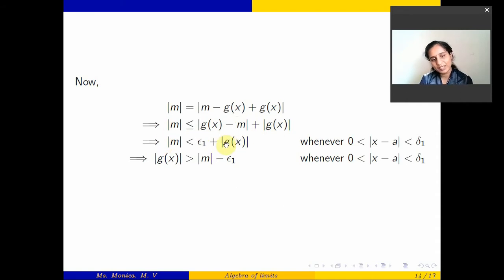So mod g of x is greater than mod m minus epsilon 1, because when it went to this side it has become minus epsilon 1, when this condition is satisfied.